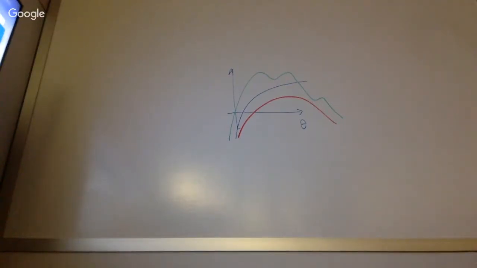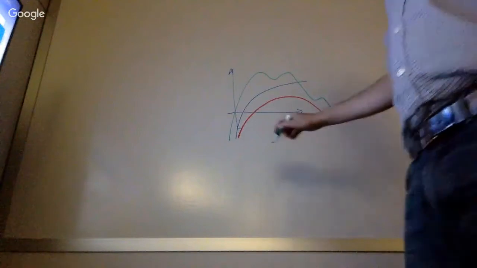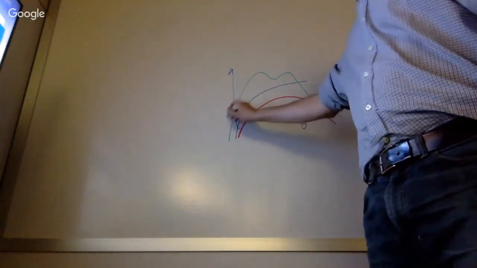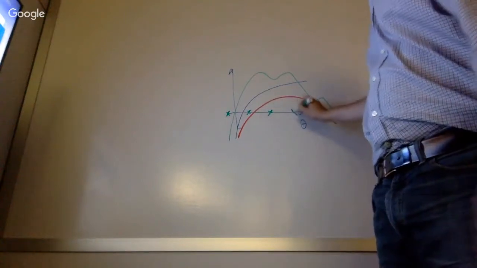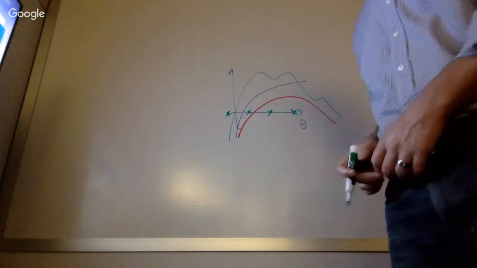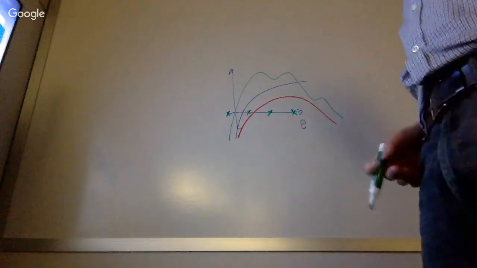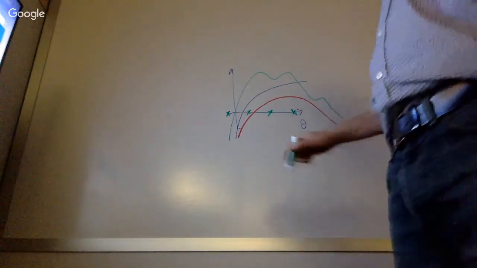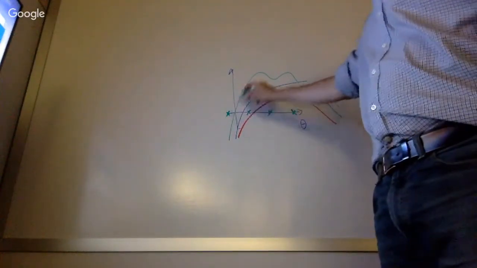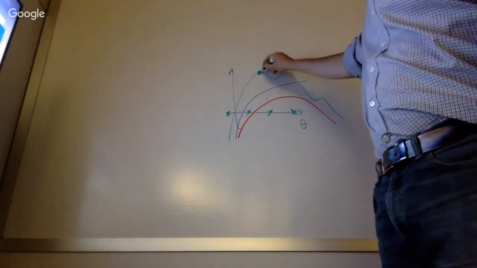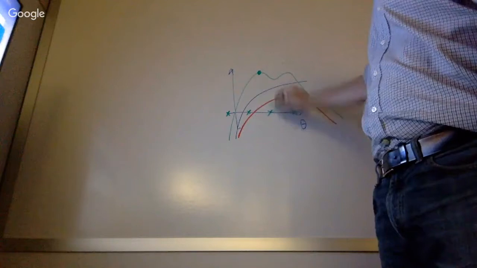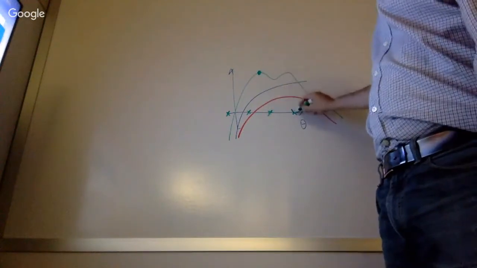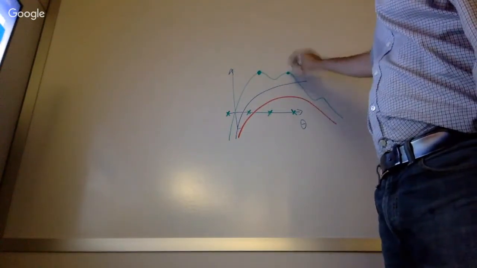You start the gradient ascent one time from here, one time from here, one time from here, and one time from here. When you start from here, you will converge to this maxima. When you start from here, you'll converge to this one, and so on.